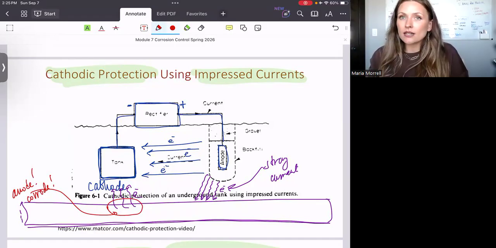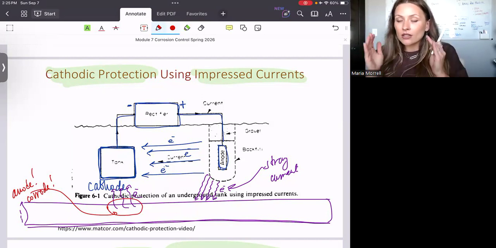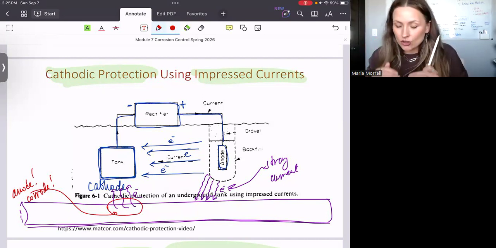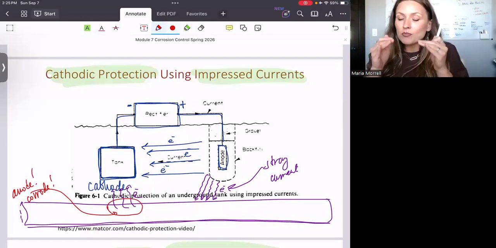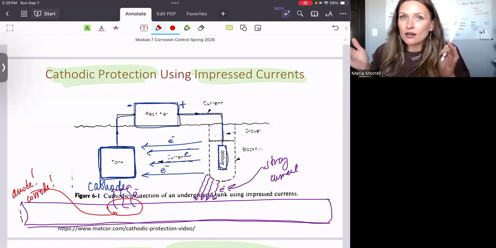The whole idea is that I just need to make sure that I supply my electrons toward my structure. And if the electrons enter from the electrolyte to the tank, my material becomes cathodic, right? It becomes a cathode, and then it will be protected as long as I have my supply of current.